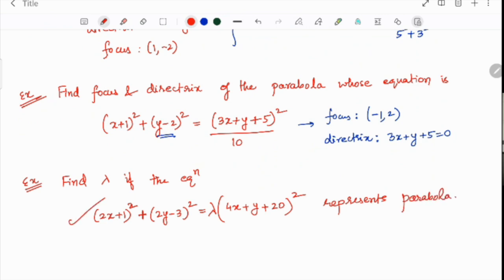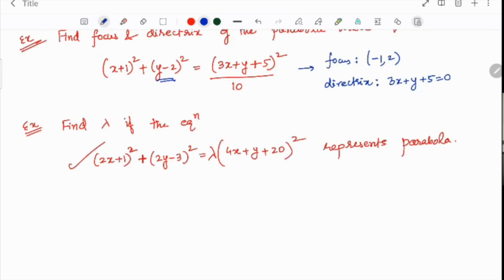If this equation is representing a parabola, then what would be the lambda value? That is the question. So first you have to convert it into form 1. Then we can solve, right?